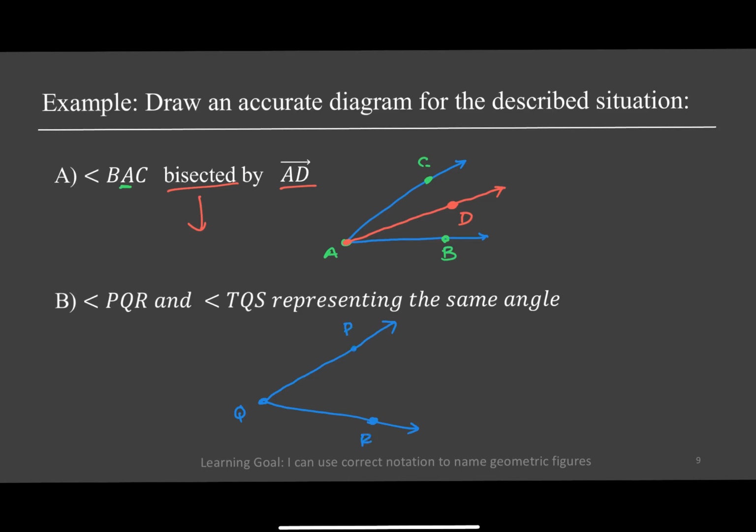And now if we want to represent angle TQS as the same angle, I'm going to go ahead and just use the same vertex and just find some other points within those same rays and label them as T and S. And so now our angle PQR is this right here, but TQS is also this exact same angle.